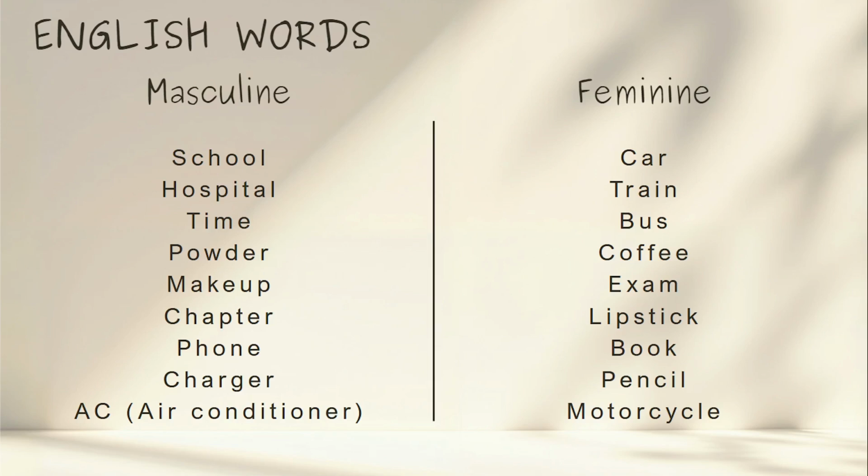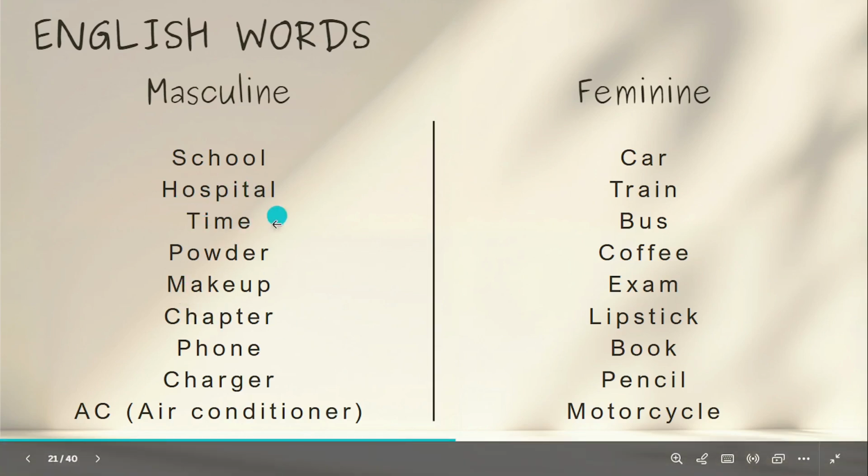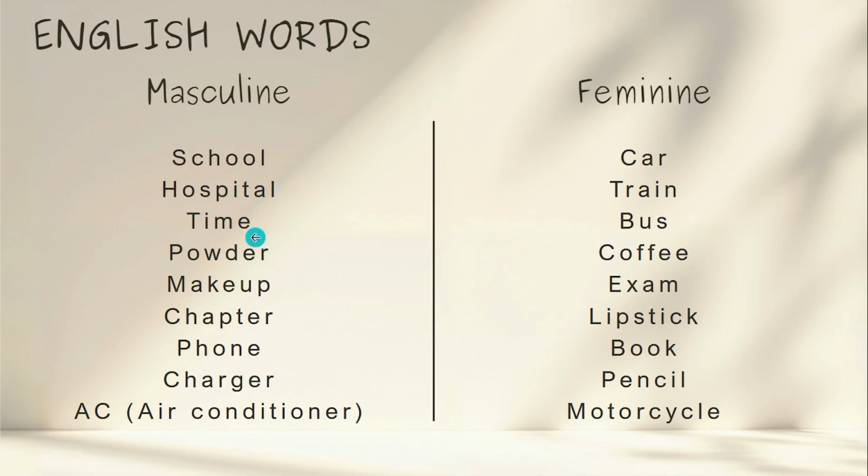Their translations are also in the same category. So, for instance, time is said samay, which is a masculine word. School is vidyalay, which is also masculine.